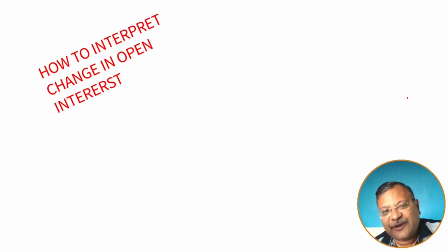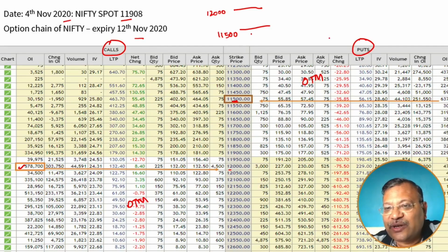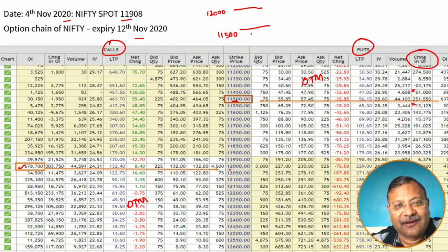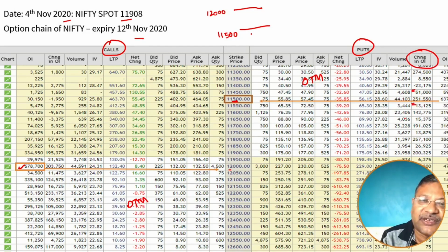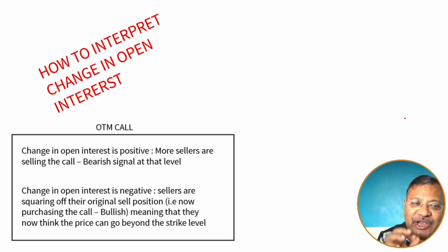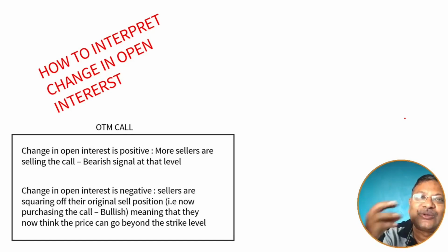Now, how to interpret change in open interest? Let me take you back to this table. If you notice, there is a column which says change in open interest, and some figures are negative and some are positive. The question is, what does a positive change in open interest mean, and what does a negative change indicate? If it is positive, this means that more and more sellers are coming in to sell the call.